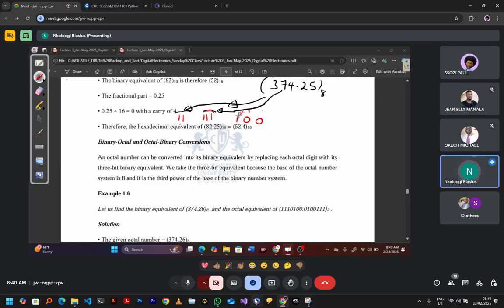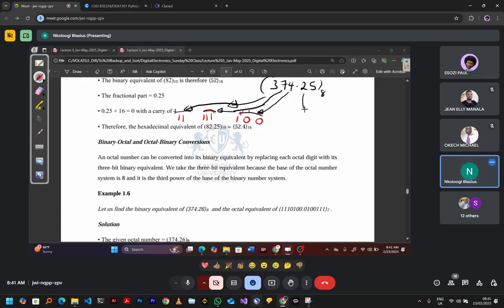So where the 4 is used to get the 4 which we are converting, you just give the 1 there. Okay, so that's okay. Can we proceed? This is the integer part.